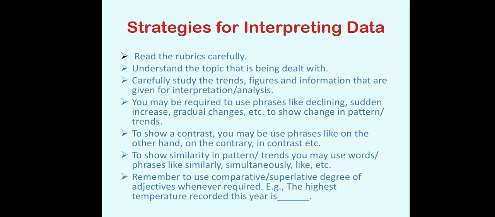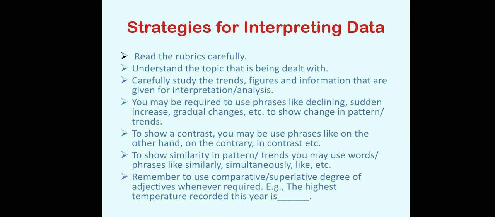So you can use words like this, as well as when you compare data of any two years or any two items based on your presentation, based on your question. So you can use words like on the other hand, on the contrary, in contrast, etc. To show similarity in pattern, trends, you may use words, phrases like similarity, simultaneously, like, etc. If the percentage or data of two things are same.